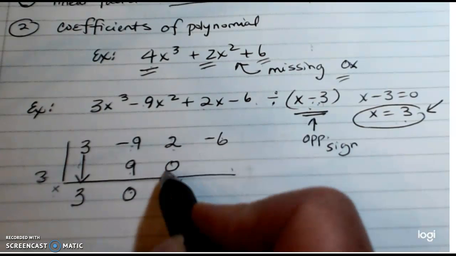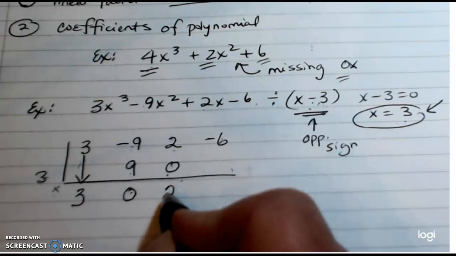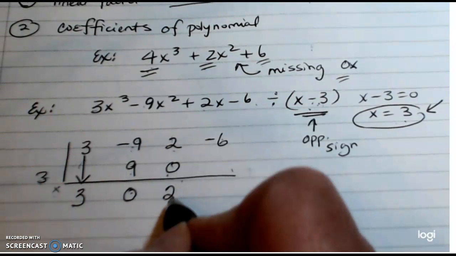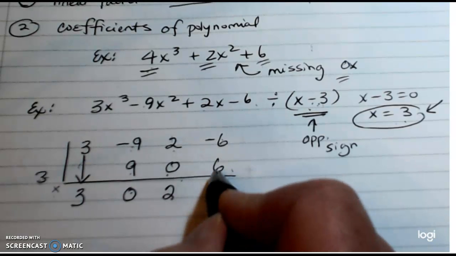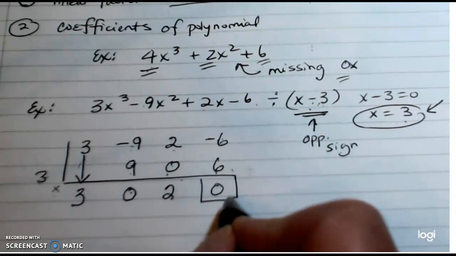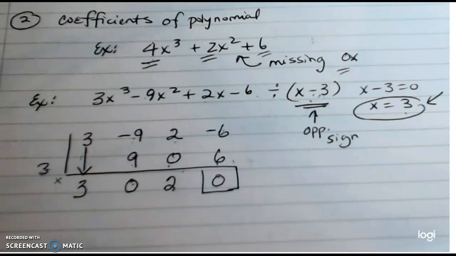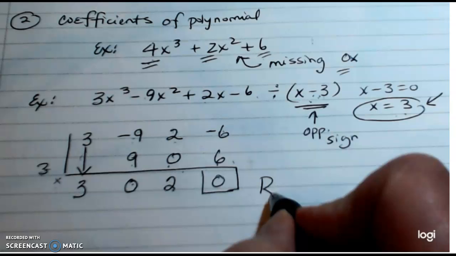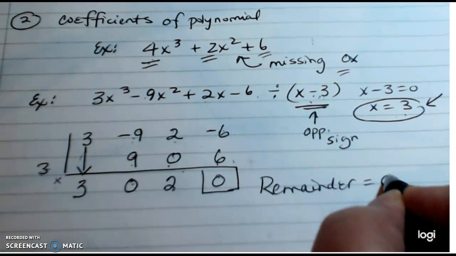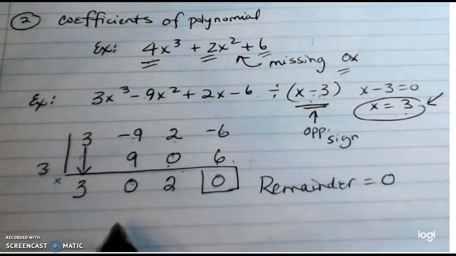Now you add these terms and you get 2. Then 3 times 2 is 6. Add the terms, and for the constant term in the last box you get 0. So your remainder is 0, and we'll talk more about that later.